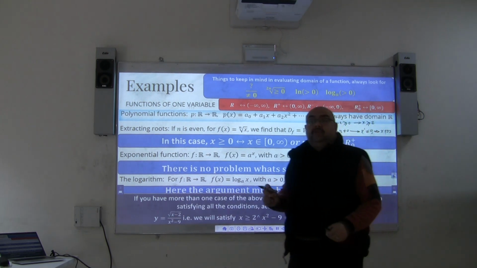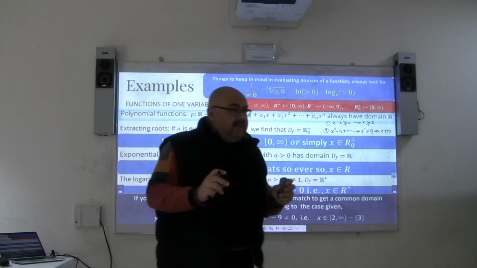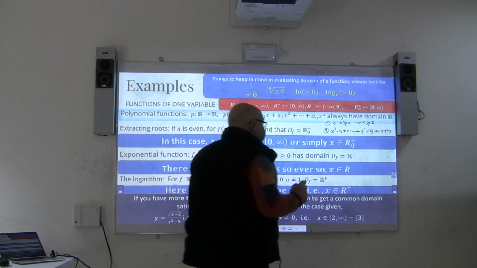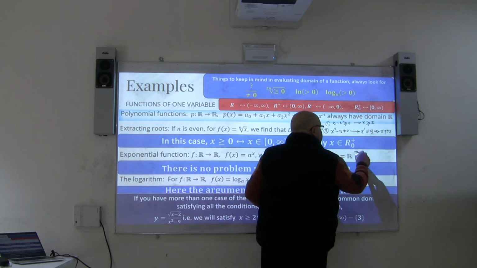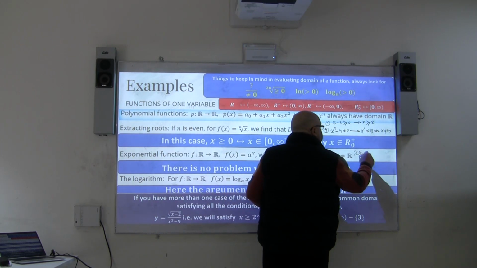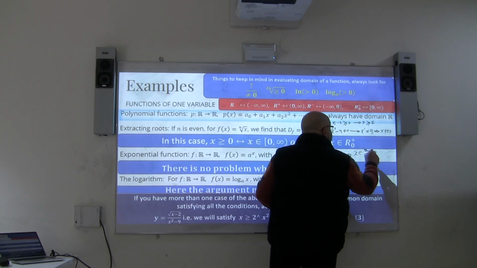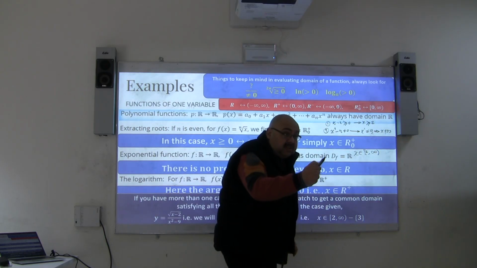Now I need to find the common domain that will satisfy both conditions. In this case, I can write that x belongs to the interval from 2 up to infinity, with 2 closed and infinity open.